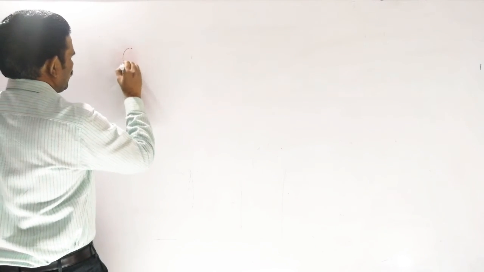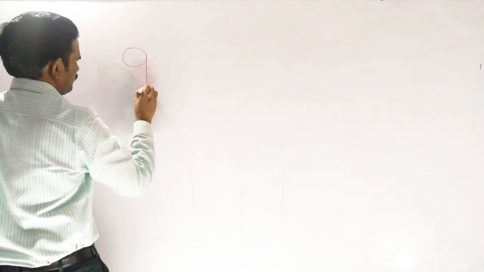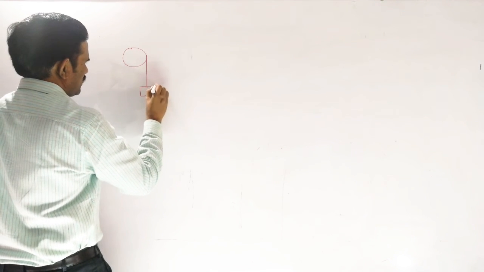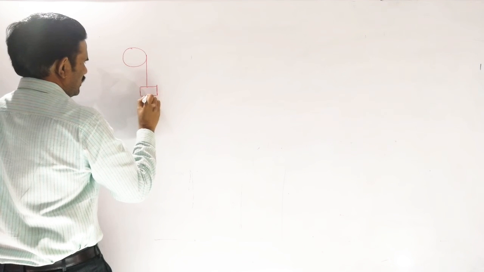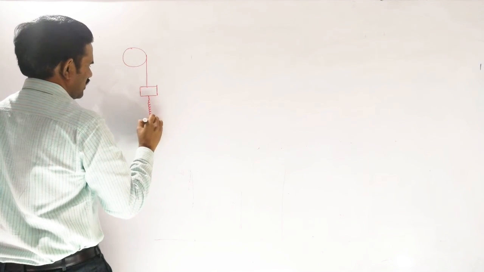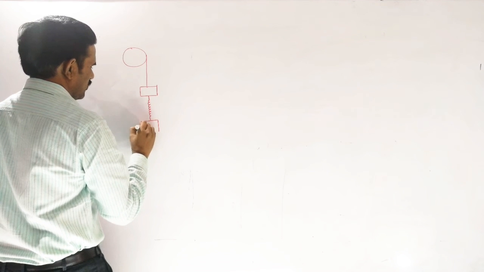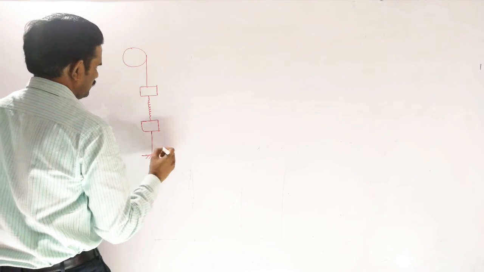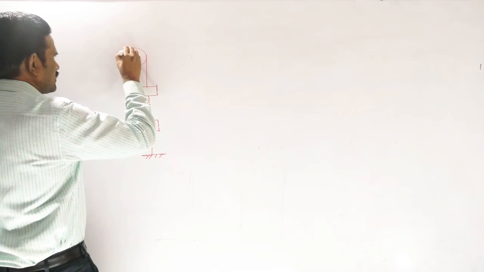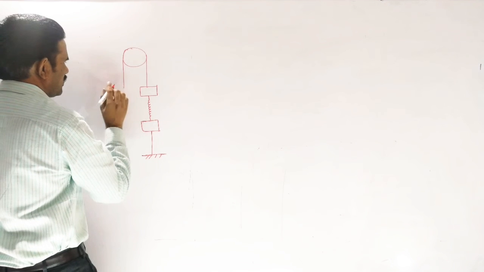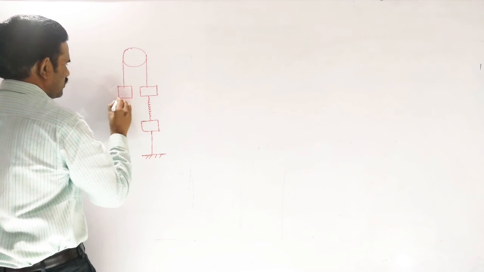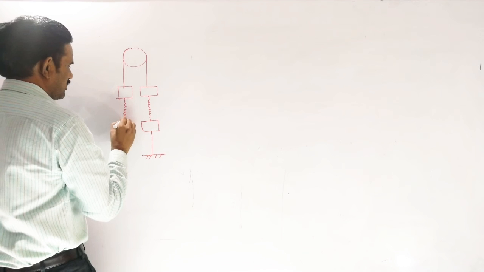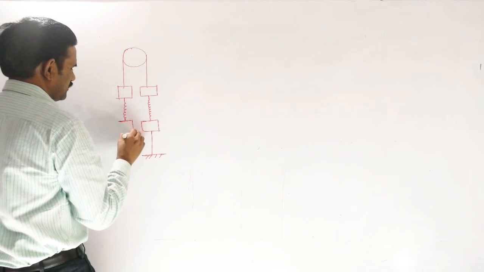So I am taking this fully blocked system here. On this side, this is one block, and this is connected through a spring to another block here, which is connected to the ground. And on this side, there are another two blocks. This is one block and it is connected by another spring here, and this is another block.